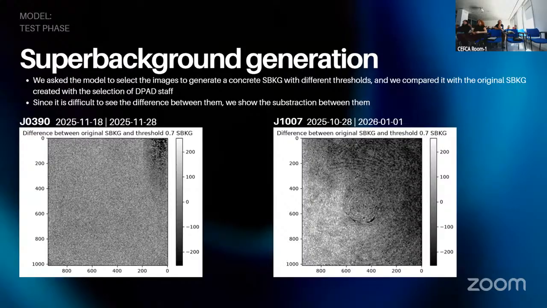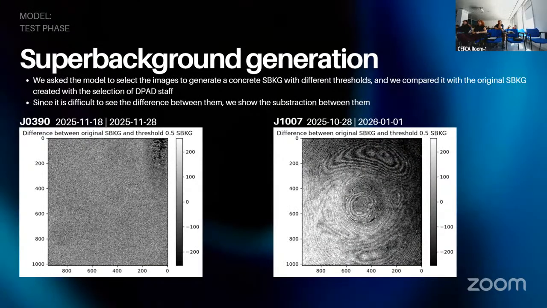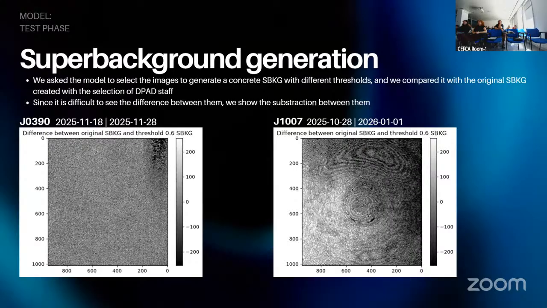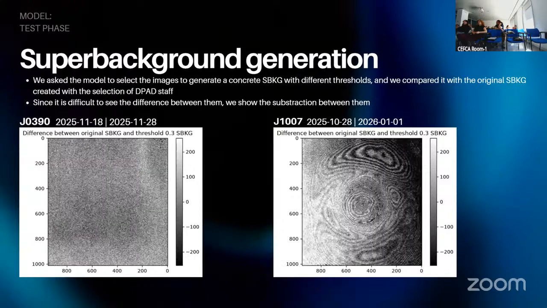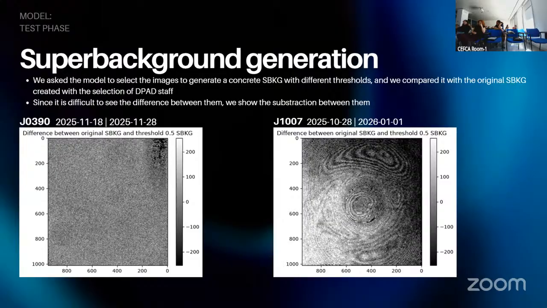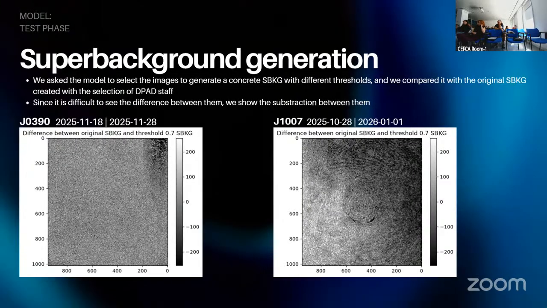Yes, maybe it's because of that, because the super background created with 0.5 threshold has too few images. So the super background created is too different from the original super background. Not enough images to learn the fringing.